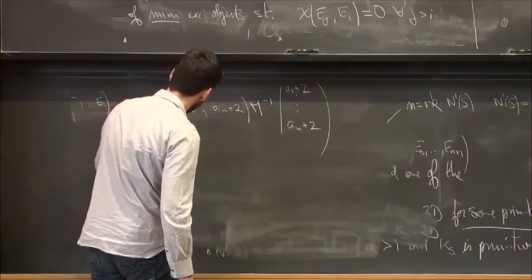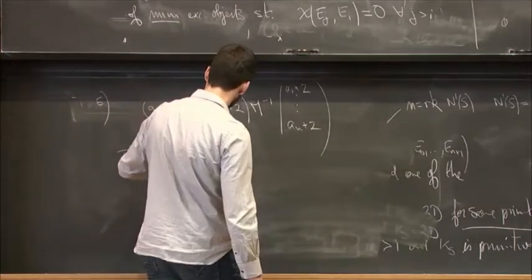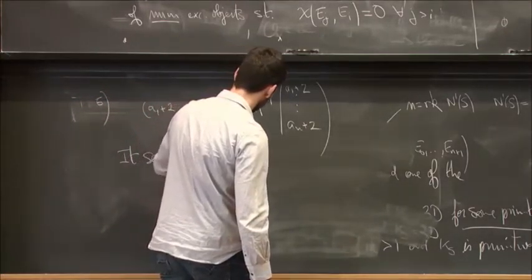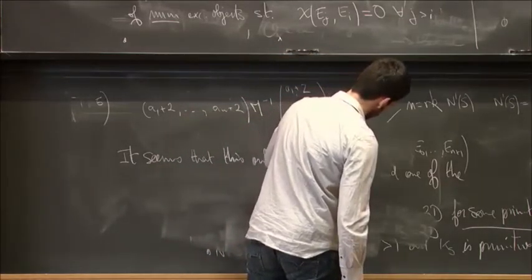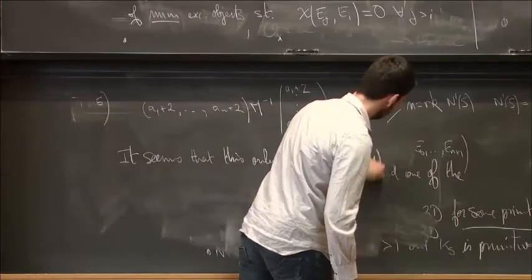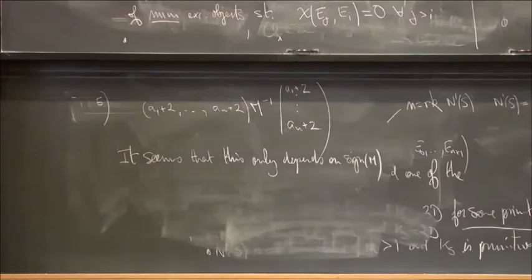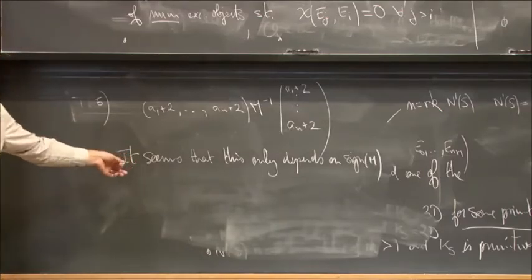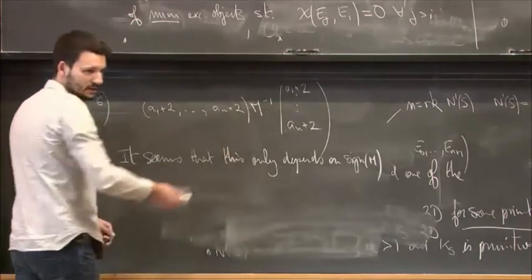It seems that this number only depends on the signature of M. Of course, I have a proof when the signature is (1, n minus 1), and I can show that this number is always 10 minus n.